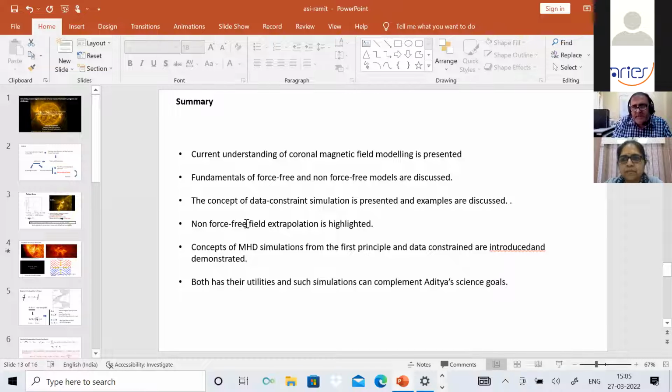So we are developing a spherical polar geometry extrapolation model, because Aditya-L1 VELC is going to give me B_r, B_theta, B_phi, I think, two directions and one magnitude. That is in progress, and once it is done, obviously we are going to track the early evolution of CMEs. That is one of the objectives.